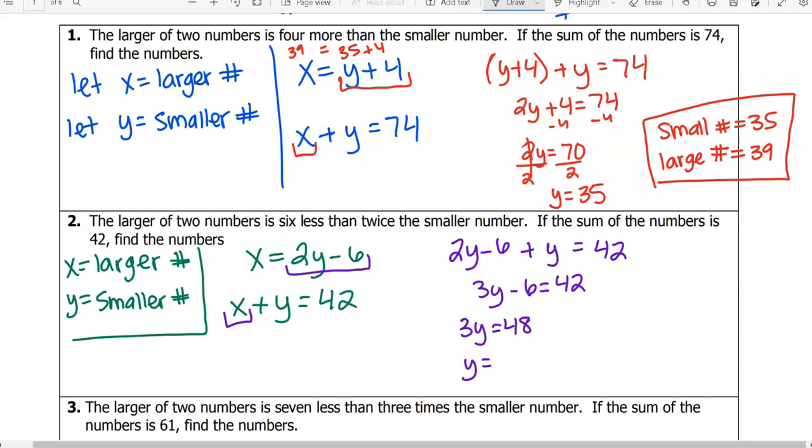What's 48 divided by 3? There you go. Good. So did I just find the small number or did I just find the large number? Good. We found the small number. So our small number is 16.